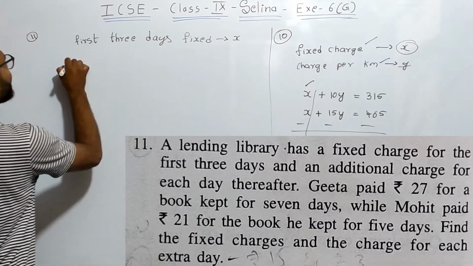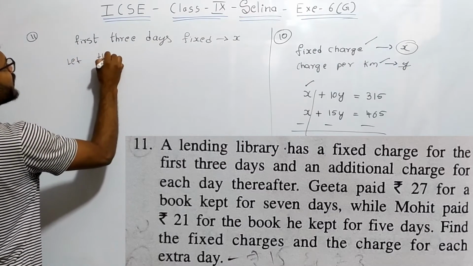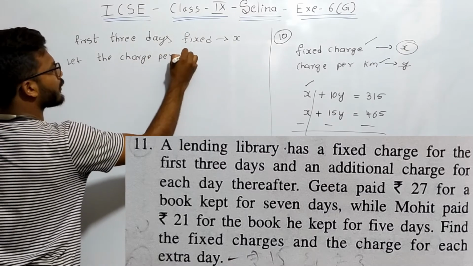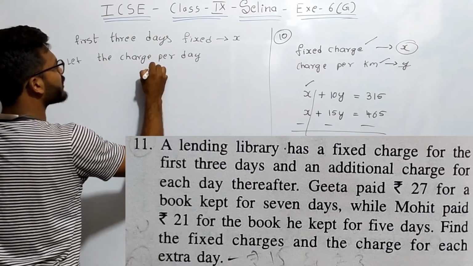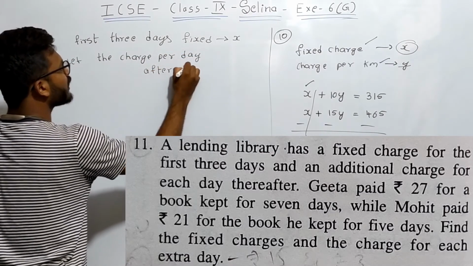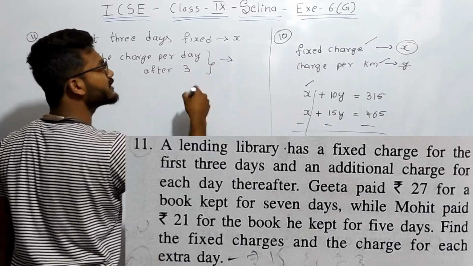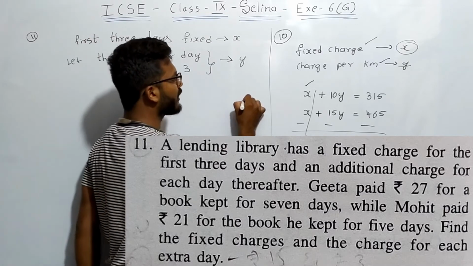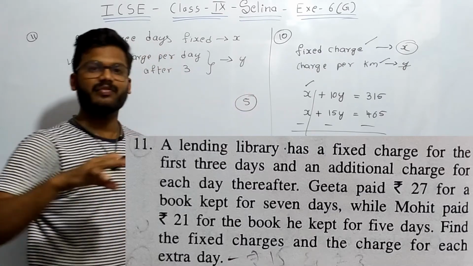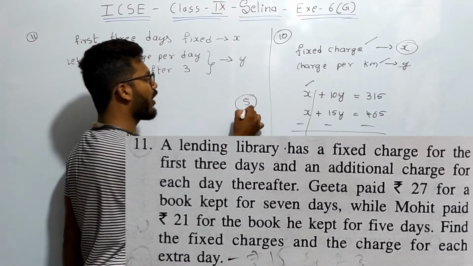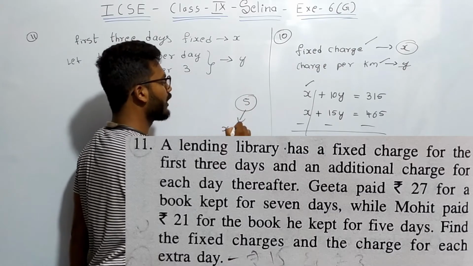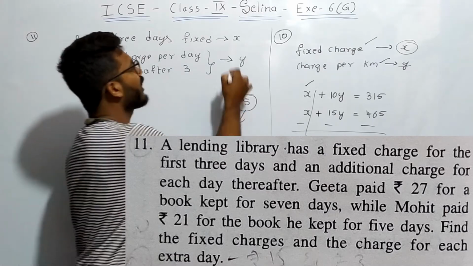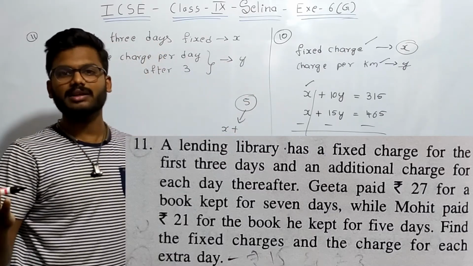Let the charge per day after 3 days be Y. Suppose I have taken a book for 5 days, what do I have to pay? I have to pay this X rupees plus the extra charge. For how many days? For the extra 2 days.